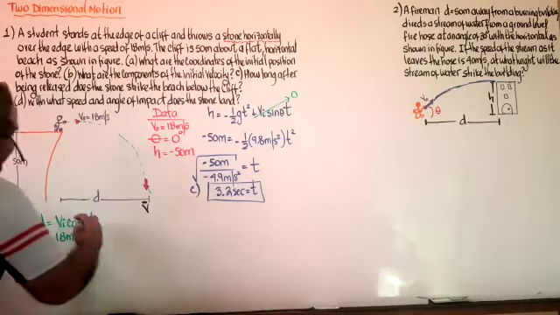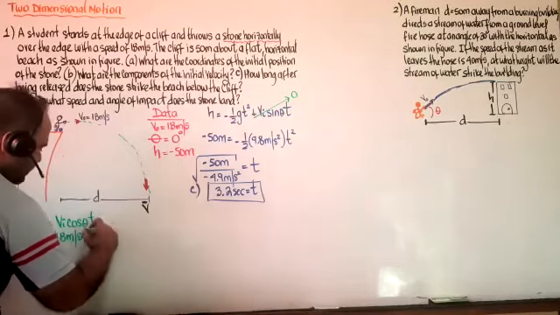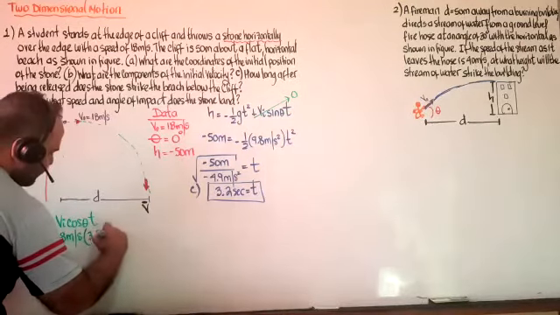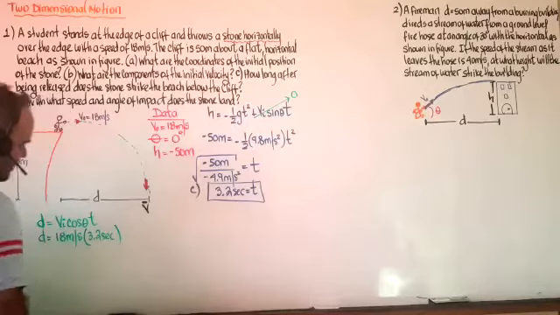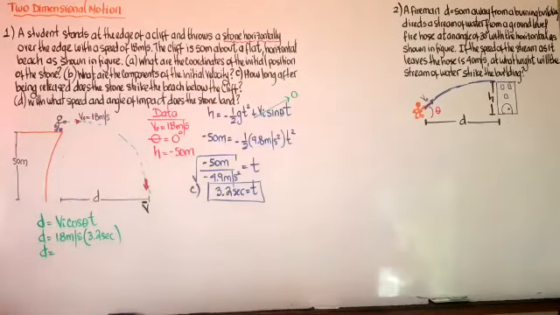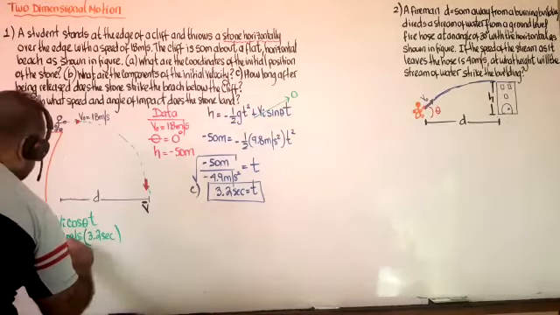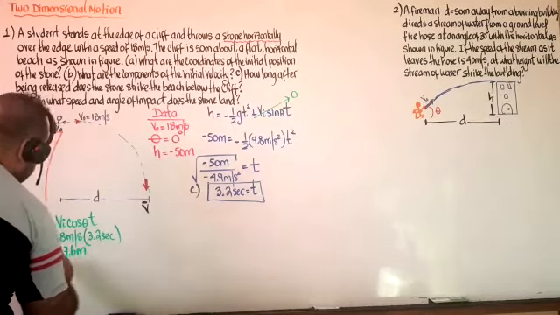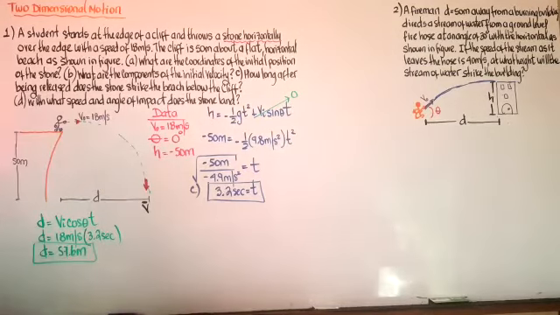And the period of time will be 3.2 seconds. For that reason, the distance will be 18 times 3.2, which is 57.6 meters. That will be the distance.